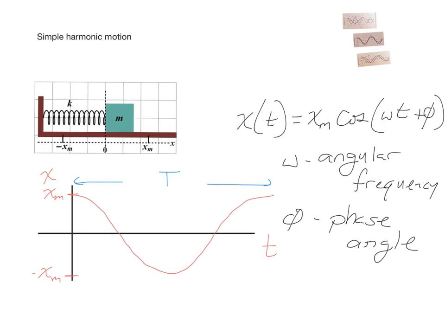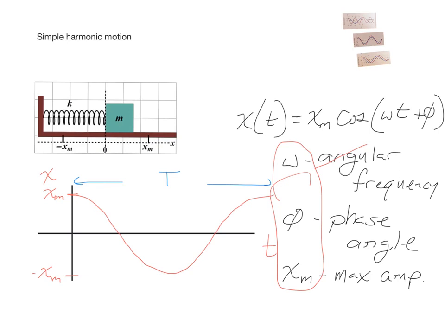We've already defined xm as the max amplitude. In order for this to be simple harmonic motion, these three have to be constant. If those aren't constant, then we can't call it simple harmonic motion.